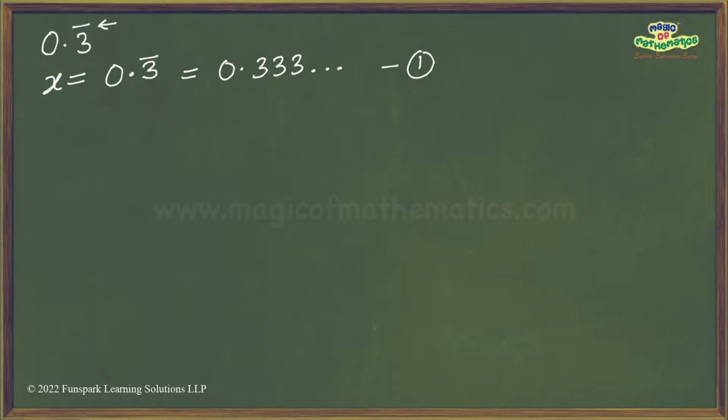Let us multiply both sides of the equation by 10. On the left hand side we have x times 10 which equals 10x, and on the right hand side we have 0.333 and so on times 10.